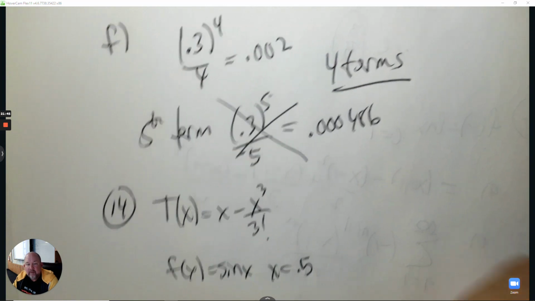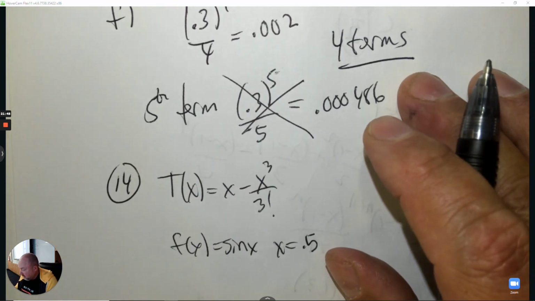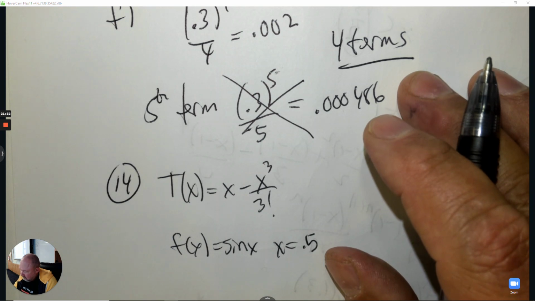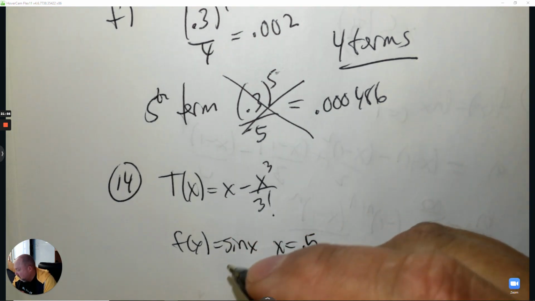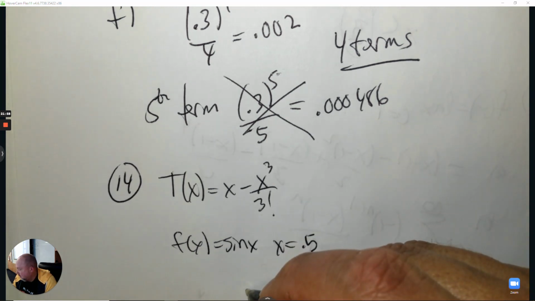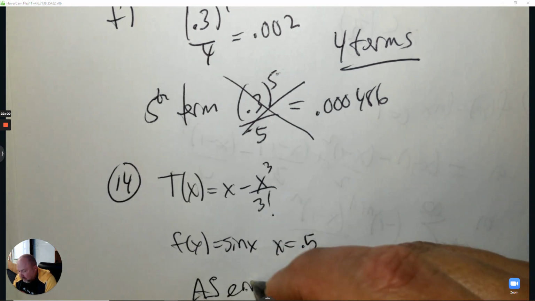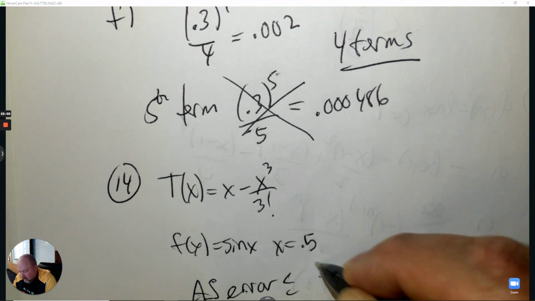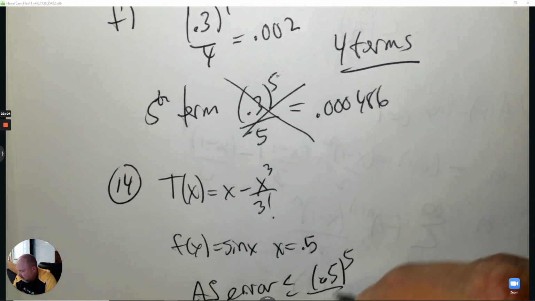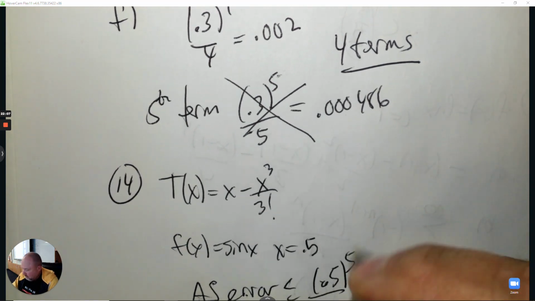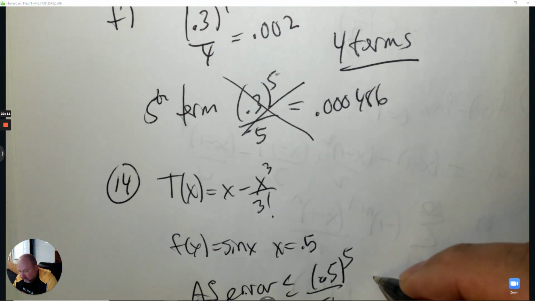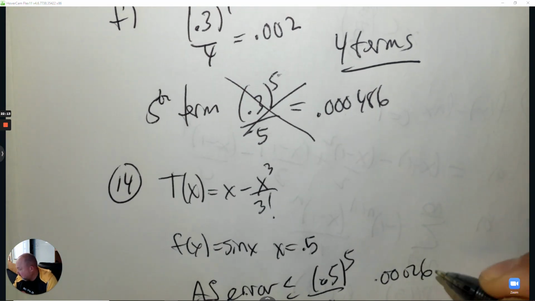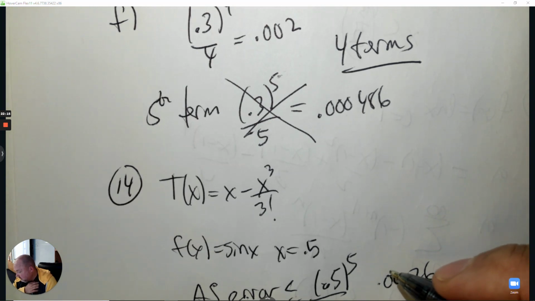So it would be the next term, so it would be the fifth one. So the alternating series there would be 0.5 to the 5 over 5 factorial. And that's because that answer is 0.00026, which is less than 0.001.